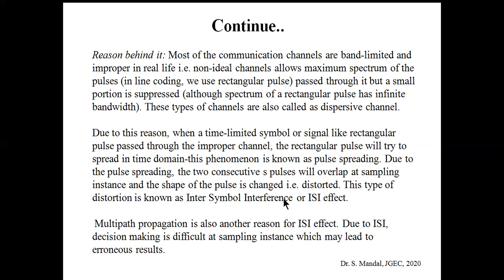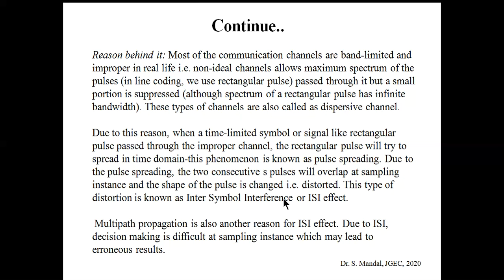In real life, all communication channels are non-ideal. That means most of the spectrum of a pulse can pass through it, but a certain amount of spectrum is suppressed whenever the signal passes through a communication channel, due to its non-linear characteristic.